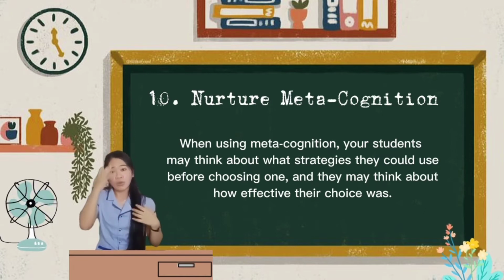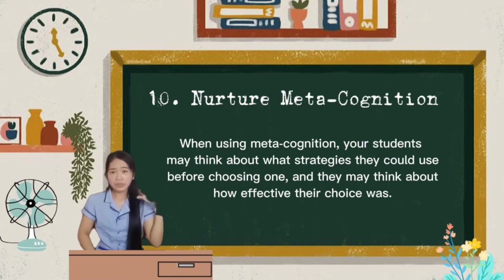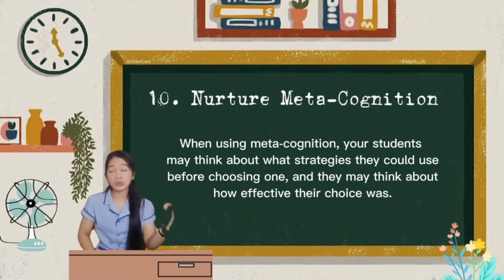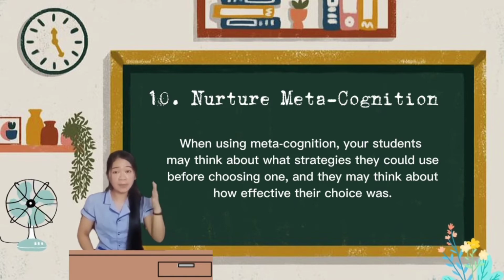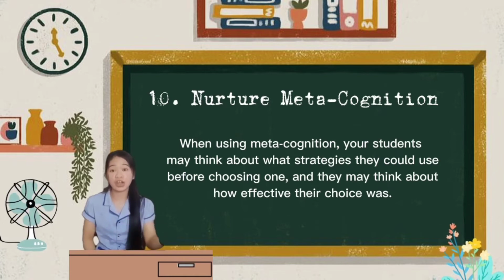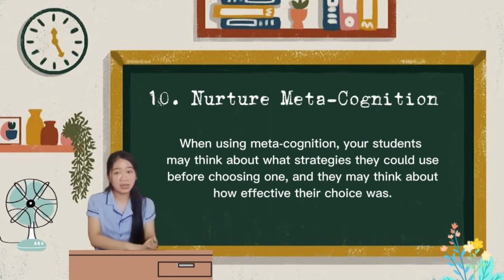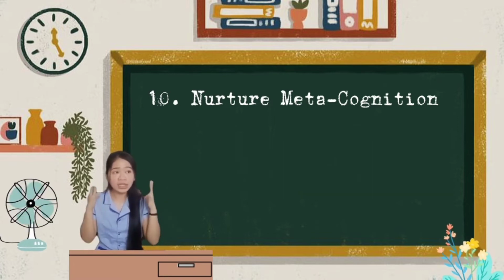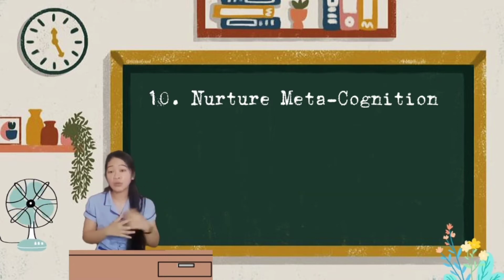Of course, when a student thinks about what strategy they will use, it will nurture their thinking capabilities and how to think critically, so it is important as a teacher to nurture their metacognition. When you tell your students, "Can you share what strategy you will use in this specific task?", the student will think critically about what strategies they will use.